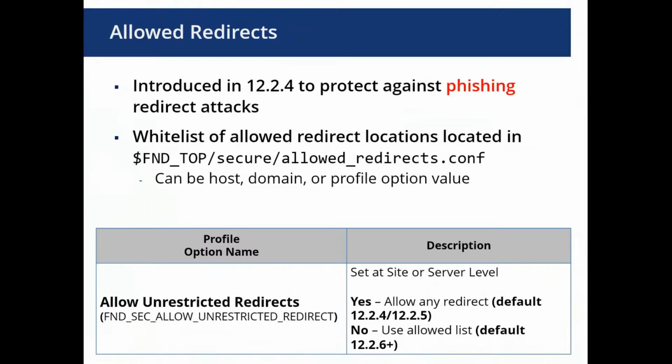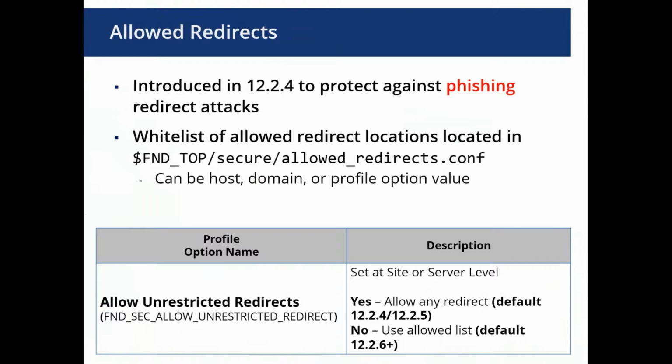If you're doing iProcurement, you're maybe popping out to Staples, those types of things. But there are also a lot of redirects within the application. If you were designing a web application today, you wouldn't be doing as many redirects. You wouldn't be designing it the way Oracle designed E-Business Suite. So it's somewhat just the way the web works, but it's also somewhat the architecture of Oracle E-Business Suite. And so these redirects have become a problem, especially around phishing attacks.